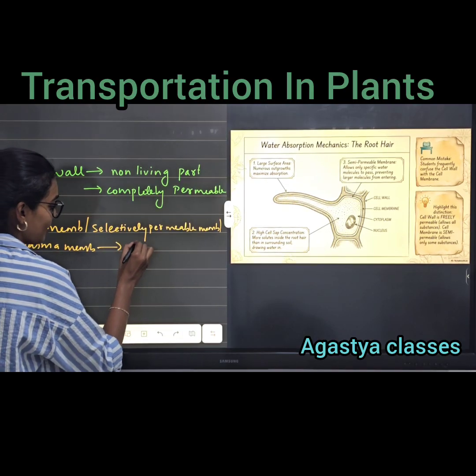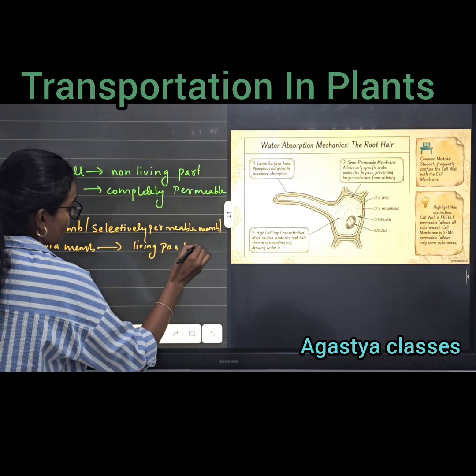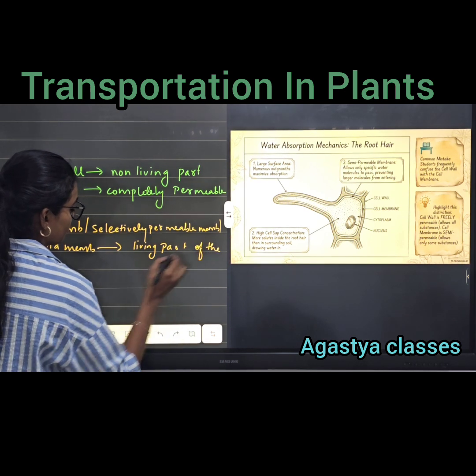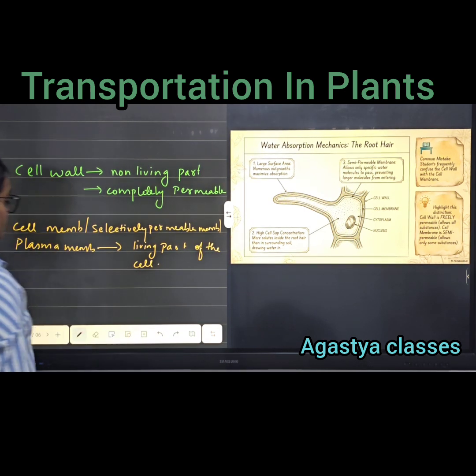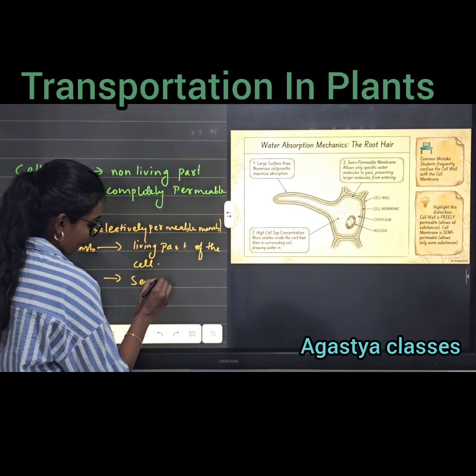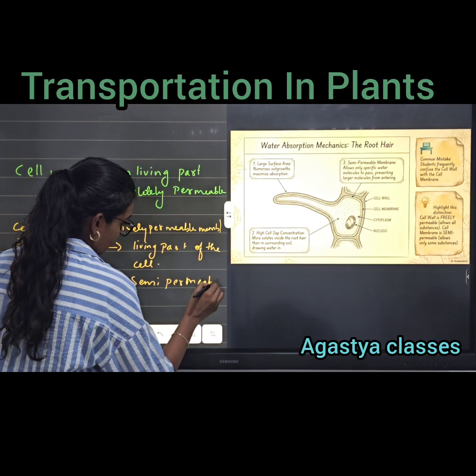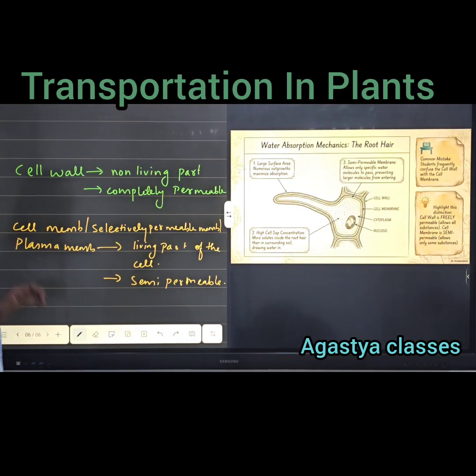This is the living part of the cell. Plasma membrane or cell membrane, it is selectively permeable. It is also semi-permeable. So this is a very important distinguishing point. Do not get confused between cell wall and cell membrane.